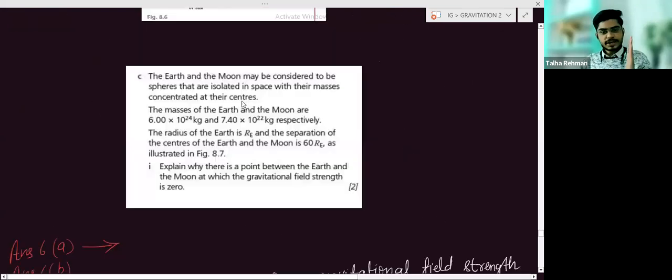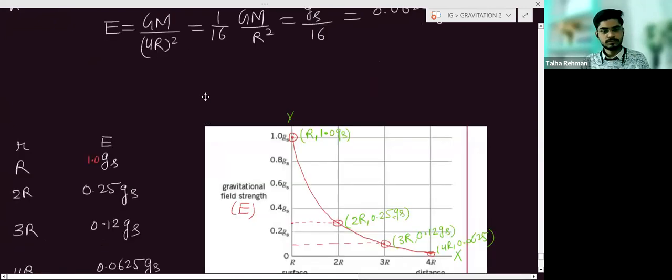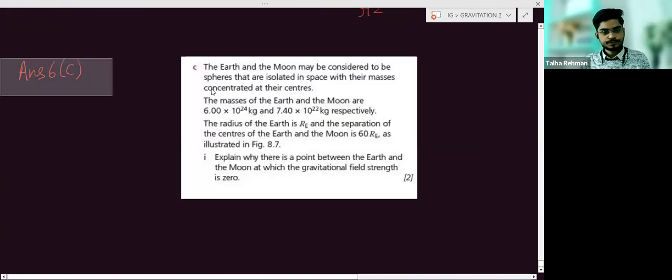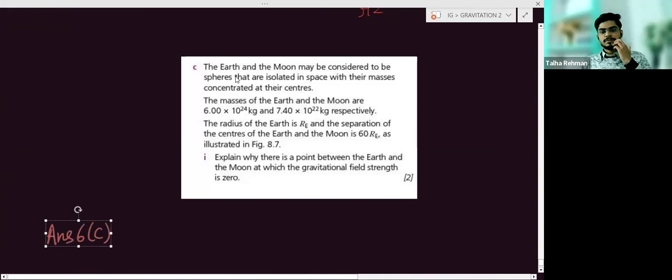So the Earth and the Moon may be considered as spheres that are isolated in space with their masses concentrated at their center. The masses of Earth and the Moon are given respectively.